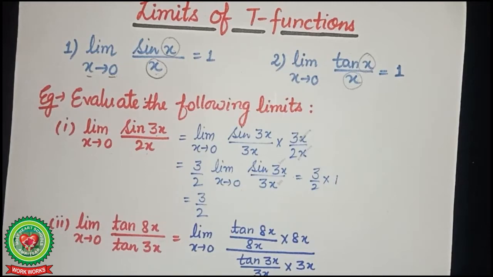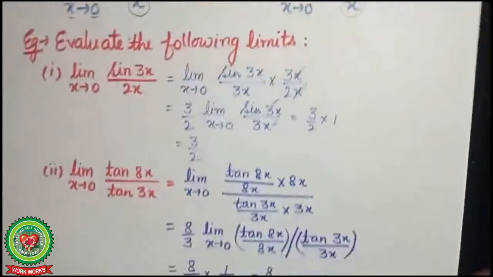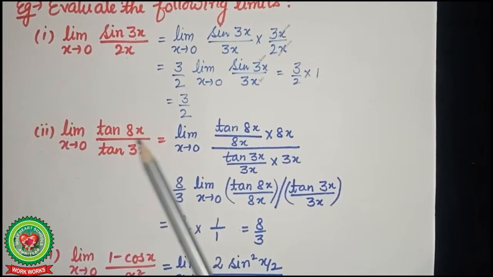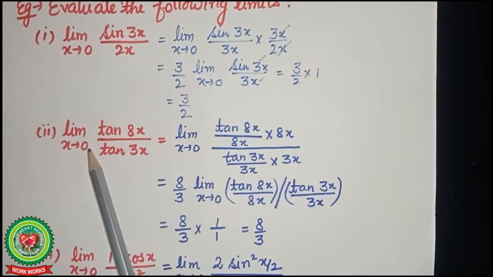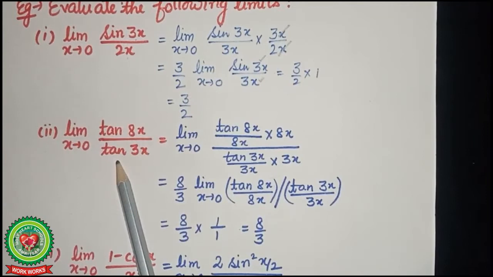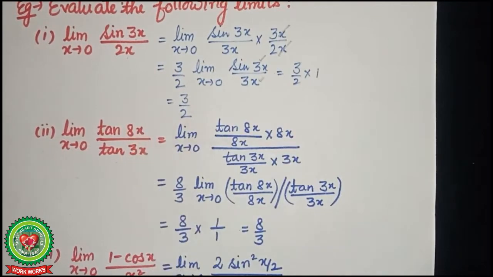Now the next example is when the numerator and denominator both contain trigonometric functions. Limit as x approaches 0 of tan 8x upon tan 3x. Both are trigonometric functions, in the numerator and denominator, but we will use the same concept as in the first question.